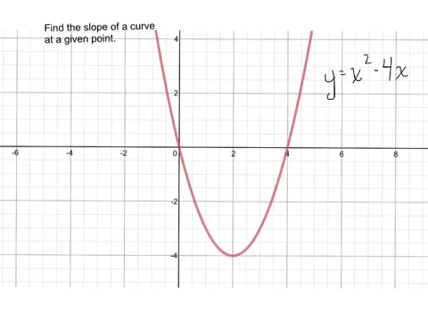Okay, and we would like to find the slope at the point (3, -3). It has to be a point on the curve, and we can see that (3, -3) is this point right here.